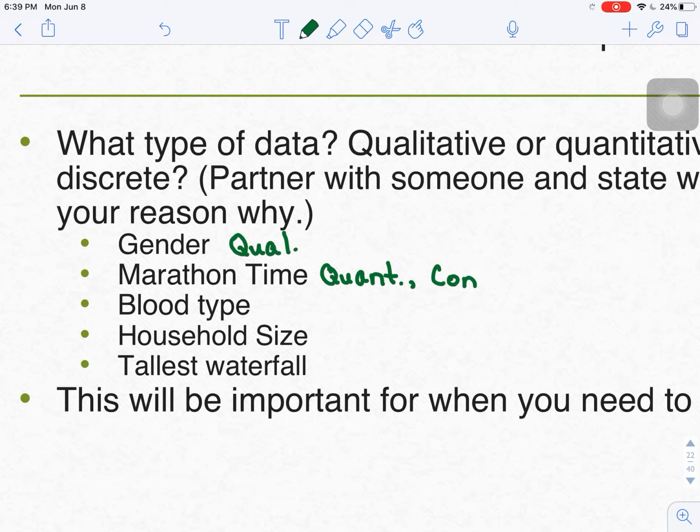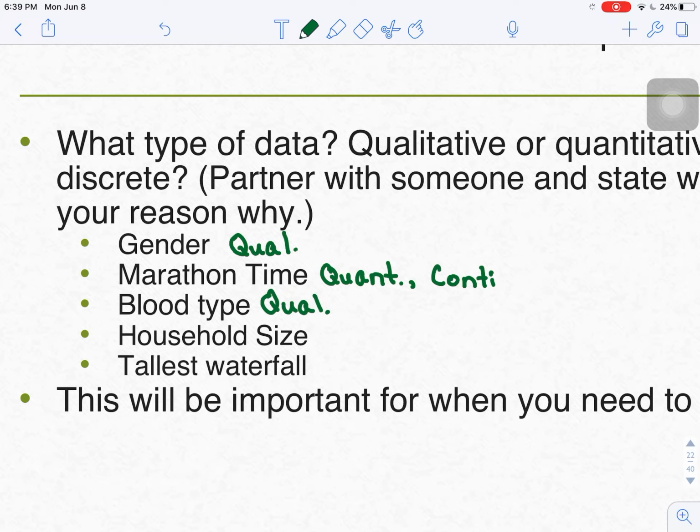So it's quantitative because of the fact that it's a time, which is numerical. It's continuous, because time is ever going, it never stops. So that's why it's continuous.